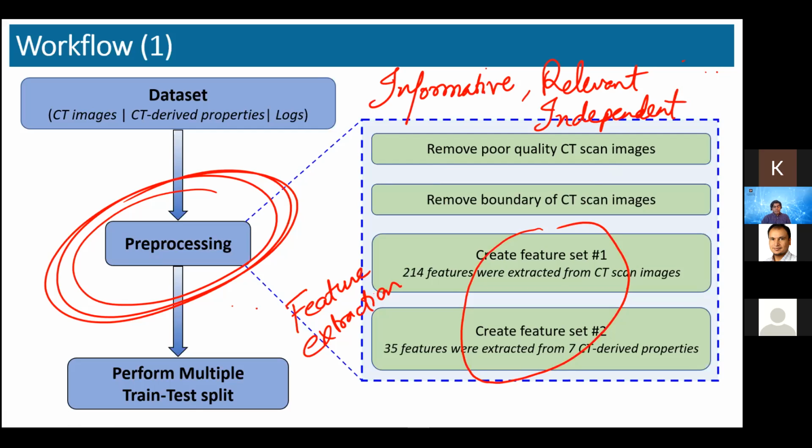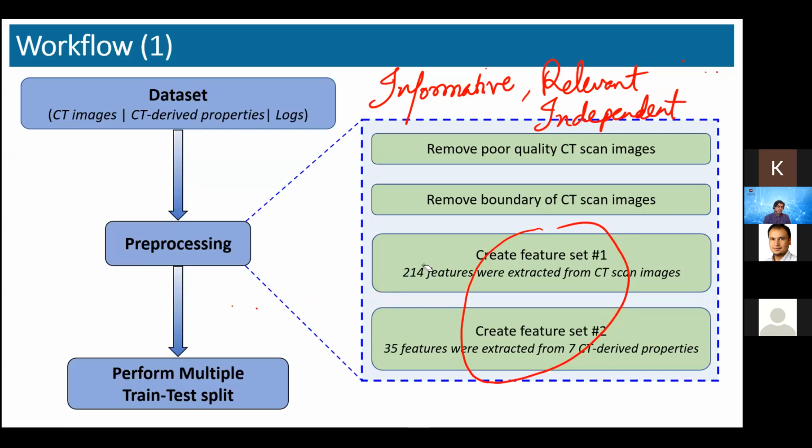Only then will these features help you develop your model. Without feature extraction, your models will not be ready. I will show you what type of feature extraction I used for this particular task. Do you have any questions so far?